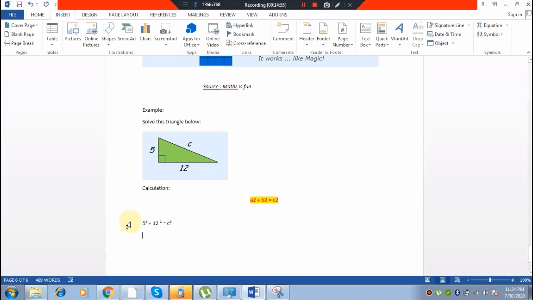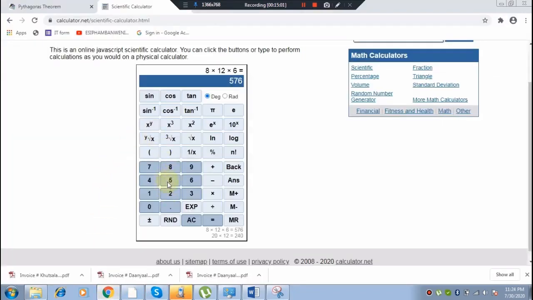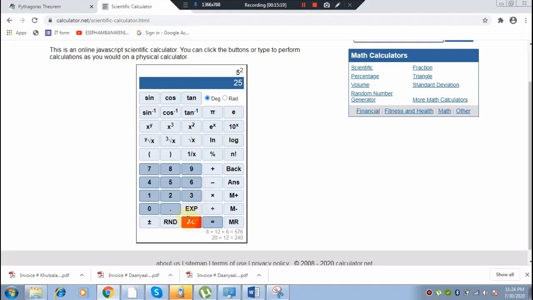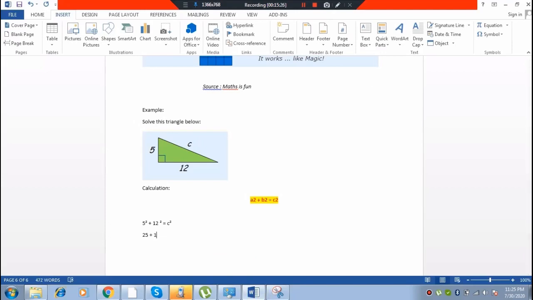Right. So here 5 squared should give you 25, plus 12 squared, which equals 144. This equals C squared, right?